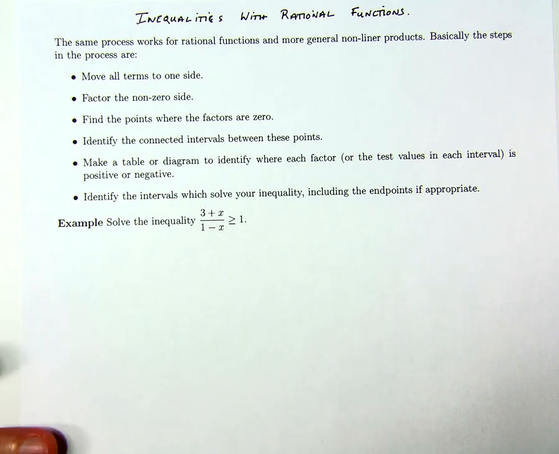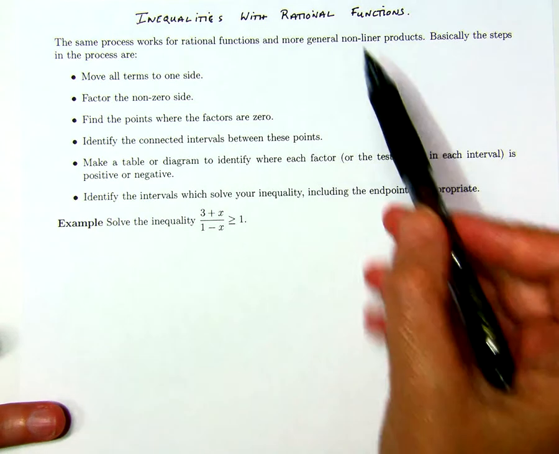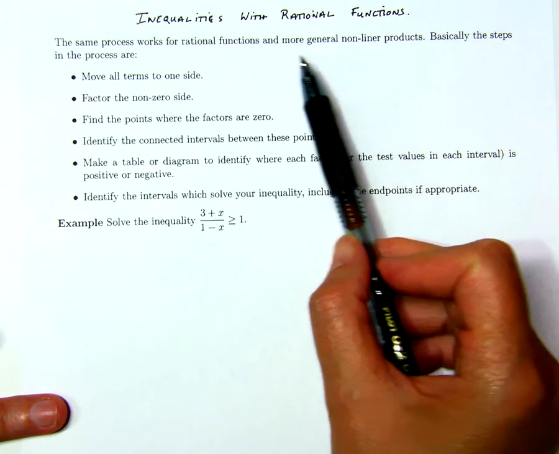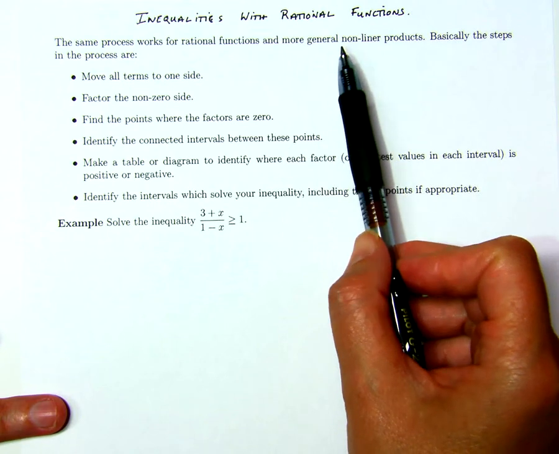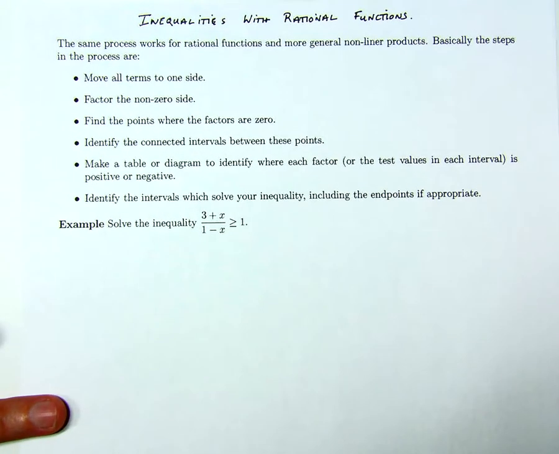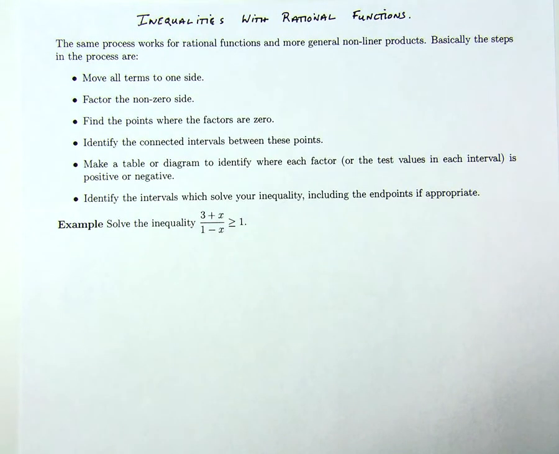Now we look at inequalities involving rational functions, and the same techniques that we used for quadratics work here, as long as we can factor the rational function that appears on the left-hand side of our inequality. So the basic strategy is the same. We try to move all the terms to one side.